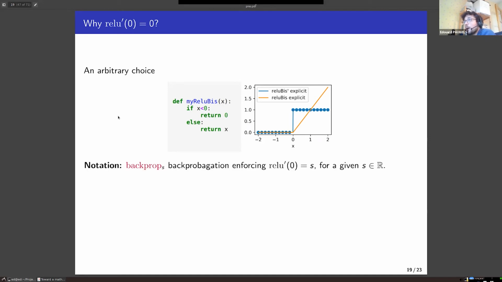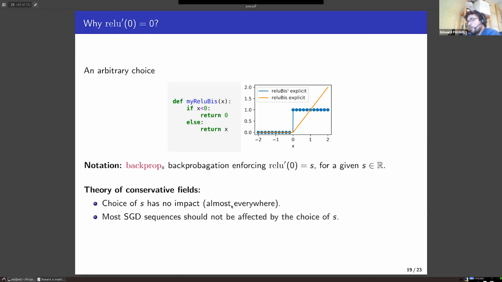In order to describe the experiment that we did, I introduced this notation. Backpropagation_S will be backpropagation applied to a neural network, say, but enforcing that the derivative of ReLU at 0 is S. It's not 0 anymore, it's a parameter S, and this one is fixed. Think about a fixed value. What the theory of conservative fields, the elements that we have introduced before, says is two things.